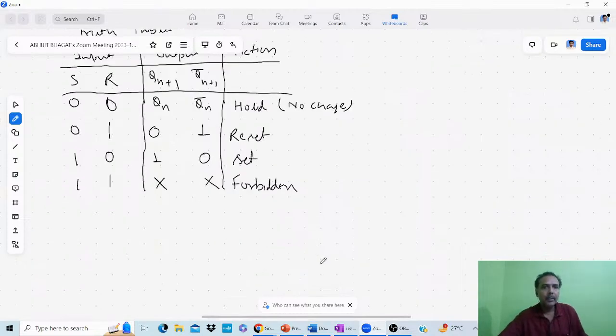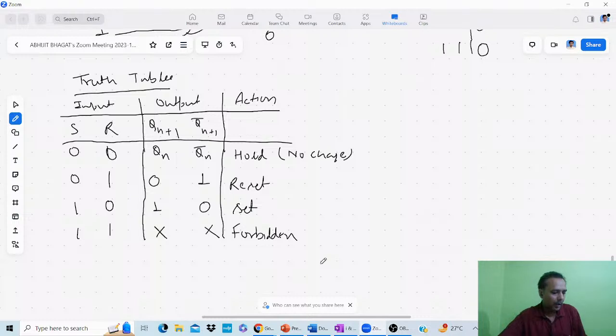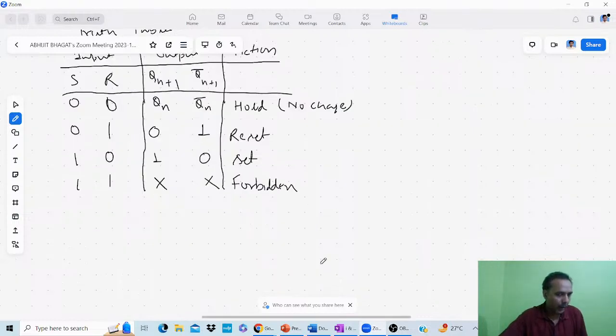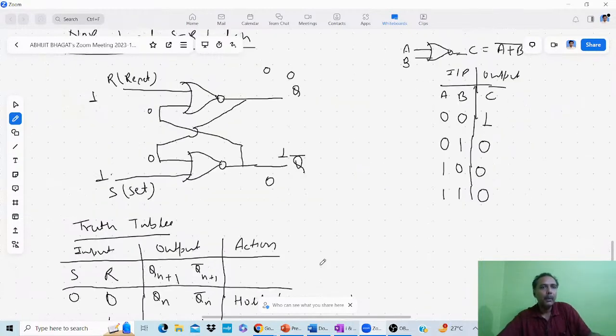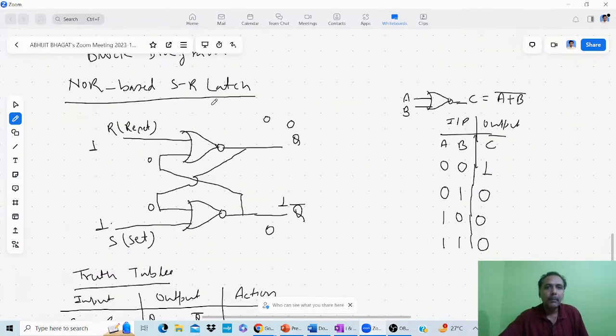Next, I will discuss the next point. This same SR latch can be designed by using the NAND gate.